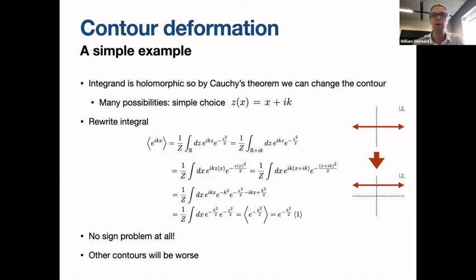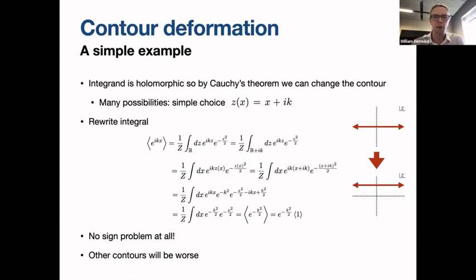So this really is just the expectation value of e to the minus k squared over 2, which of course doesn't depend on x, so I can bring it outside the integral, and I just get e to the minus k squared times the expectation value of 1, which of course has no noise. So there's no sign problem at all when I do this contour deformation.